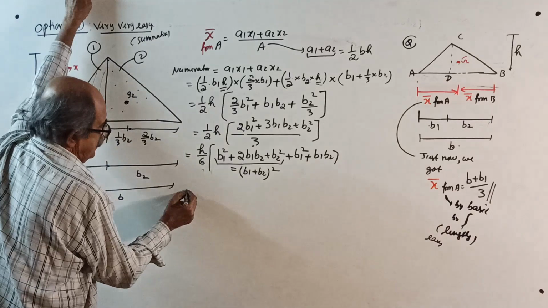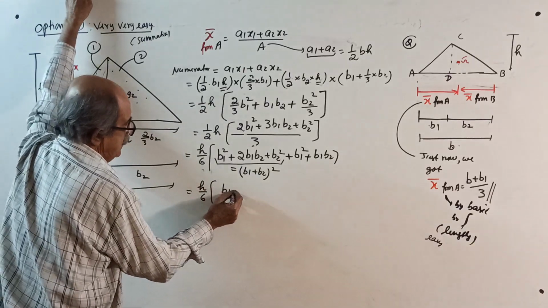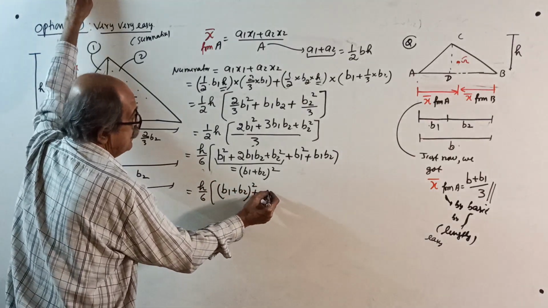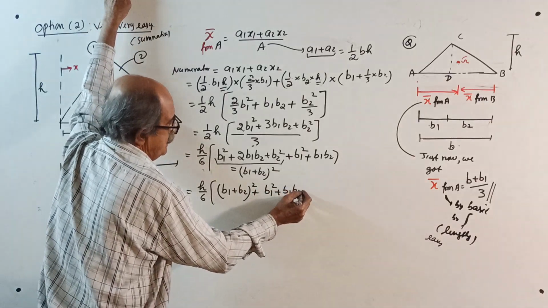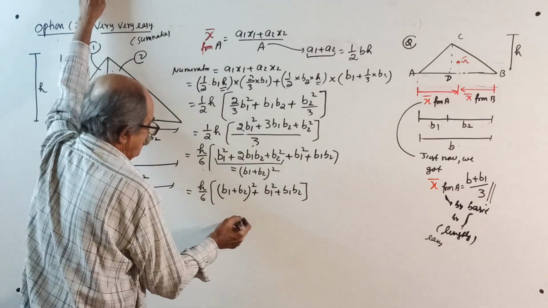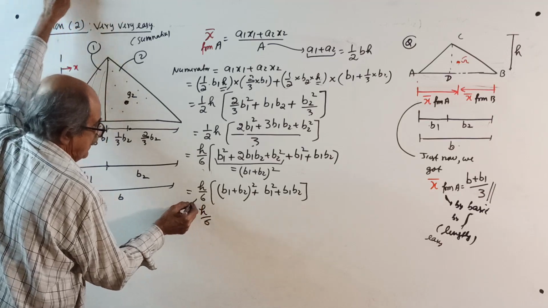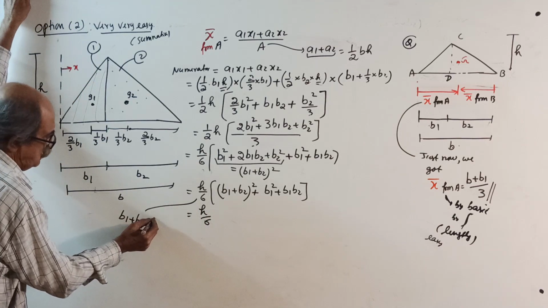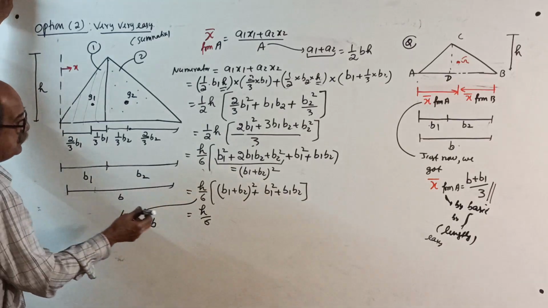Or equal to h by 6 into (b1 plus b2) whole square plus b1 square plus b1 b2. But we know that b1 plus b2 equals b, the full base b.